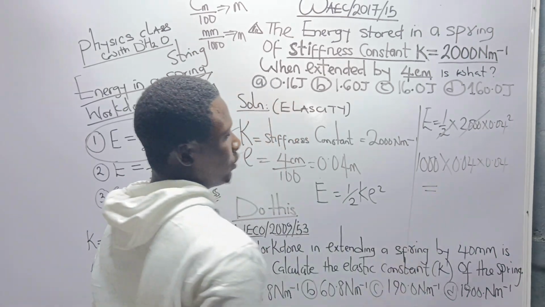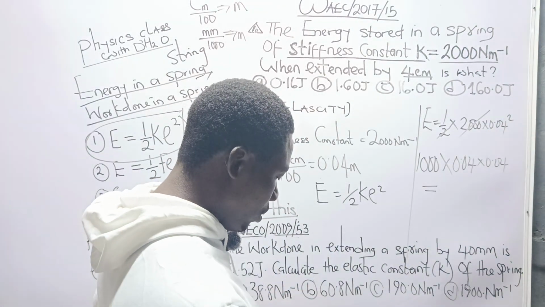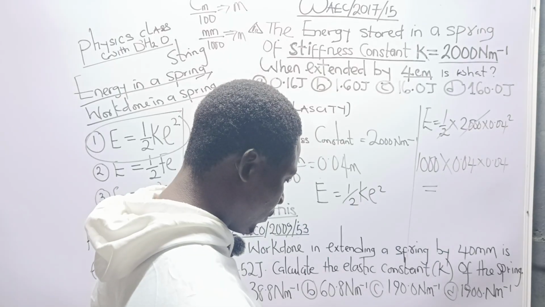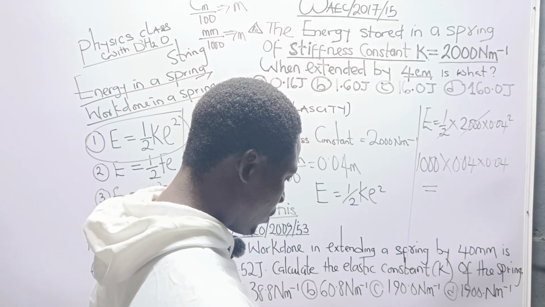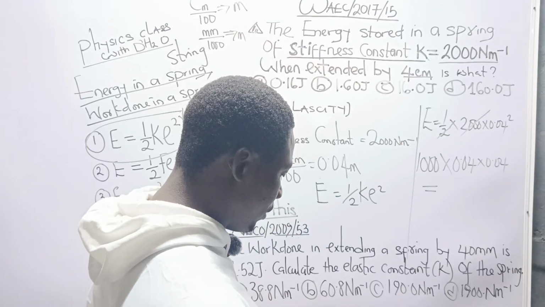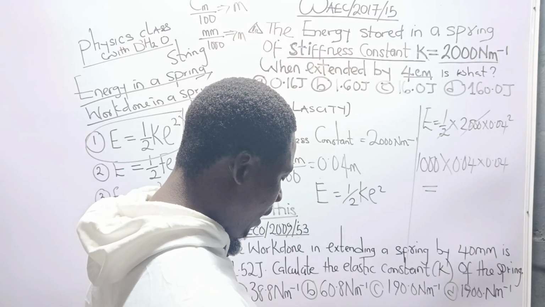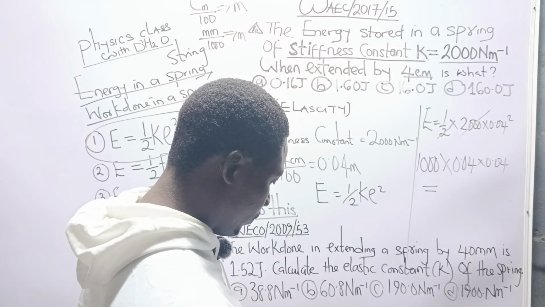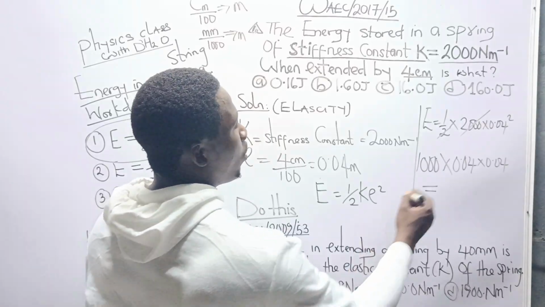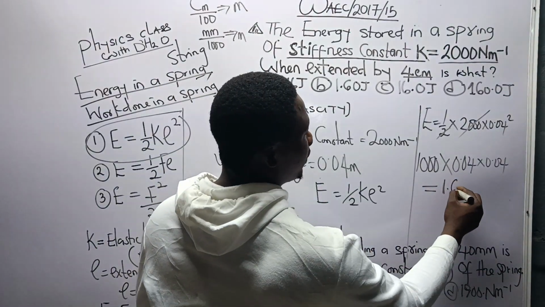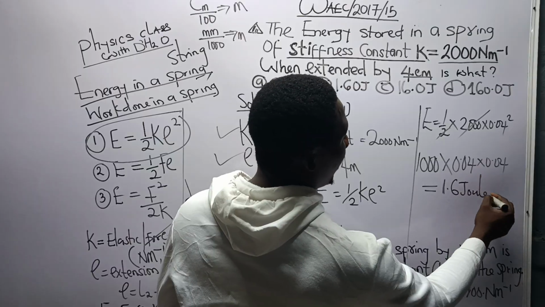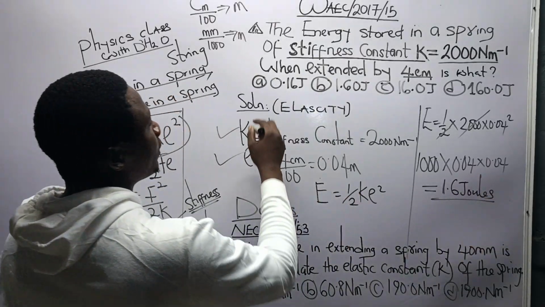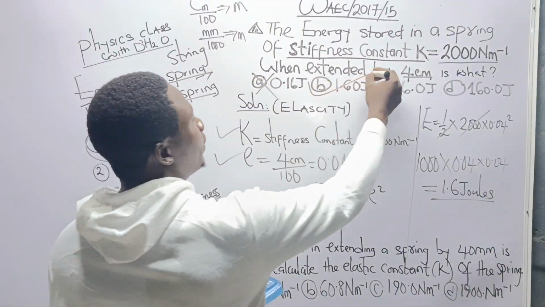So what would that give us? Let's do that quickly. 1000 times 0.04 multiplied by 0.04. You have 1.6 joules. This is your answer. So your answer is not A, your answer is B.